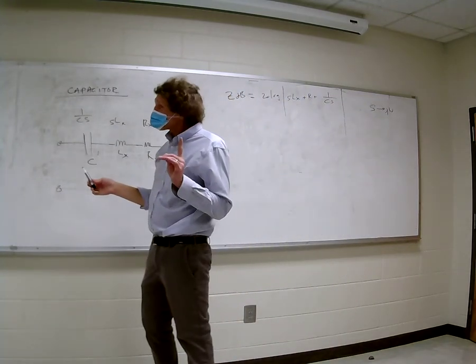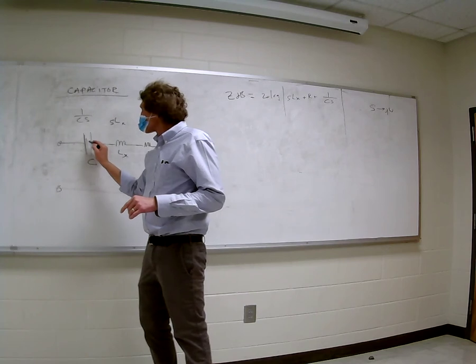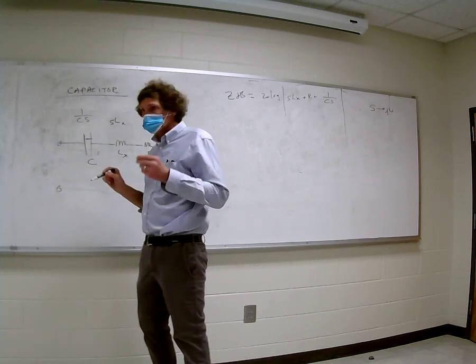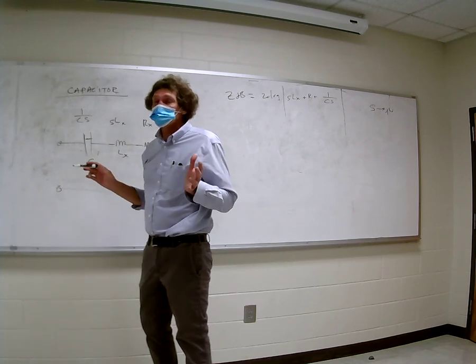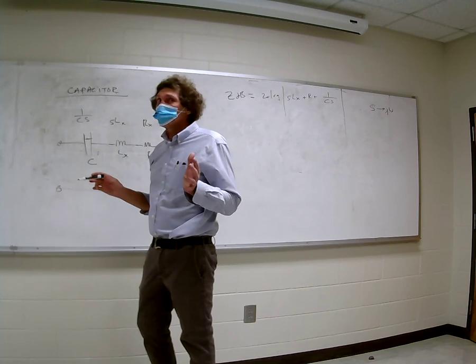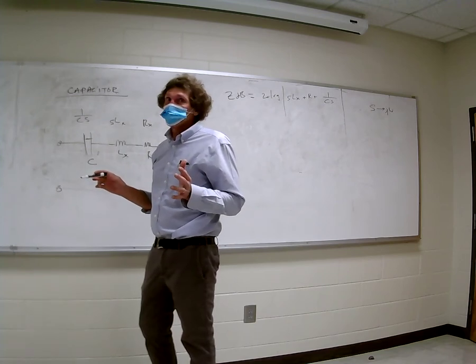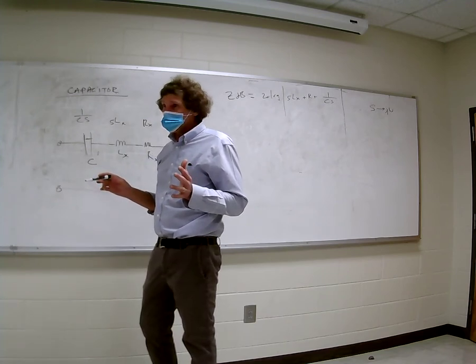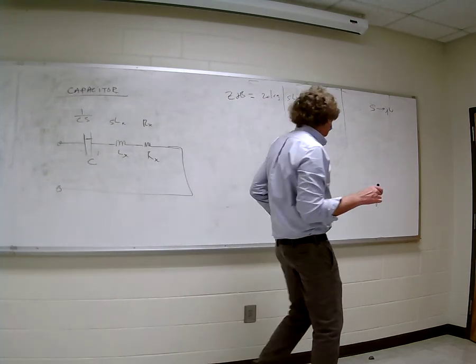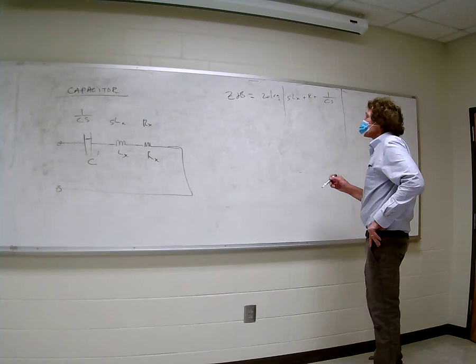In truth, that's not quite right. There is some so-called parasitic resistance in there between the plus and minus plate. No matter what you do, you can't get rid of it all. So there will be some resistance, but it may be like 500 megaohms. It's so large, we don't talk about it. You with me? All right, so it comes in at infinity.